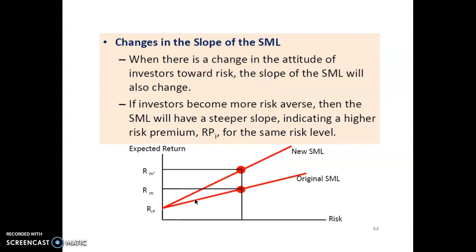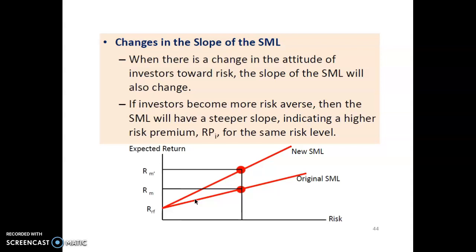When there is a change in the attitude of investors towards risk, the slope will also change. The change of this SML curve, whether it increases or decreases, depends on the willingness of the investor to take the risk.